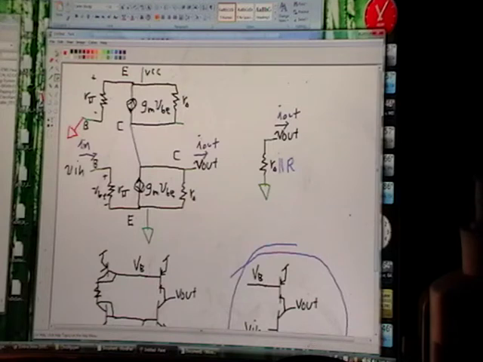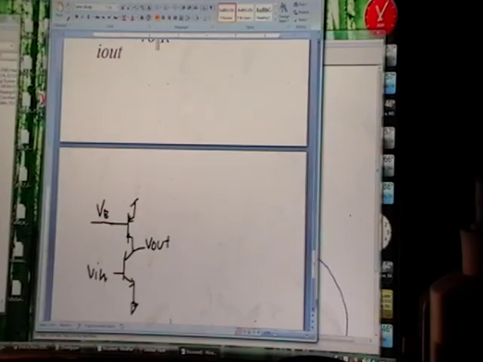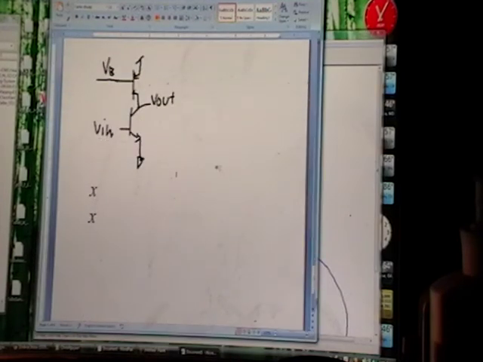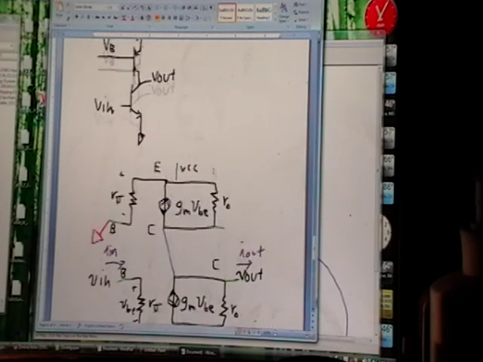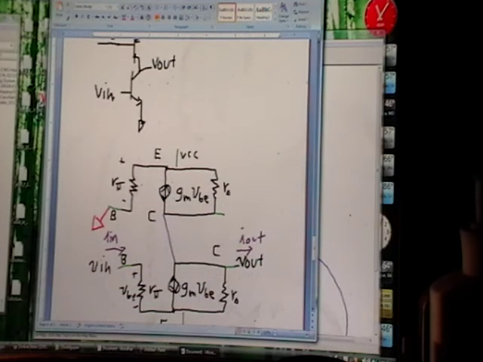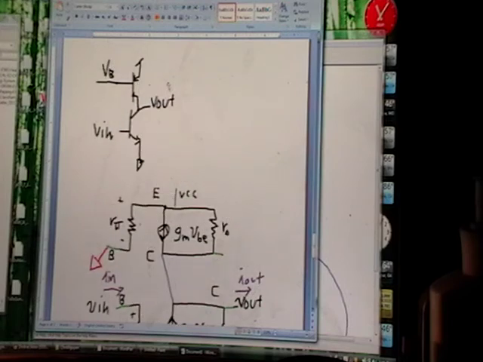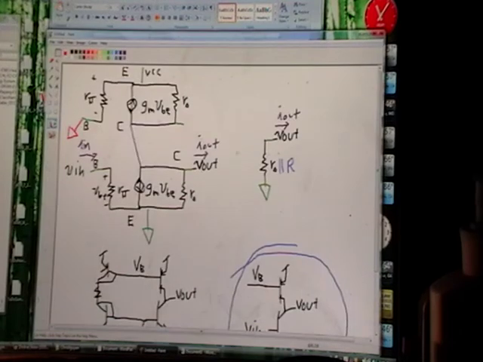Okay, so this is our new picture. And this is just the small signal version of this. Oh, I forgot. I'm probably hearing you say I forgot to ground VCC.